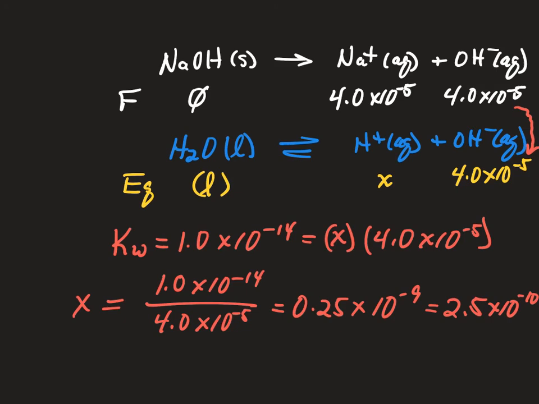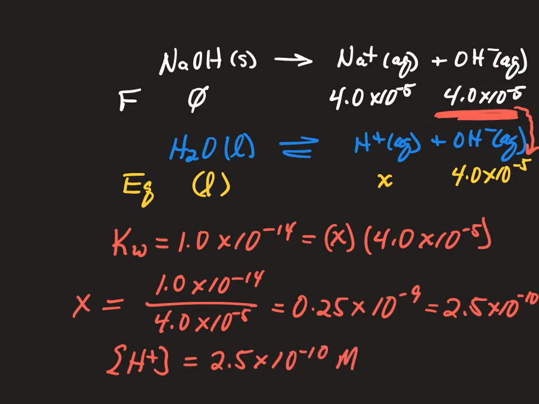So that means the concentration of hydrogen ions that are in equilibrium with these hydroxide ions that we got from the dissociation of our base is equal to 2.5 times 10 to the minus 10 molar.